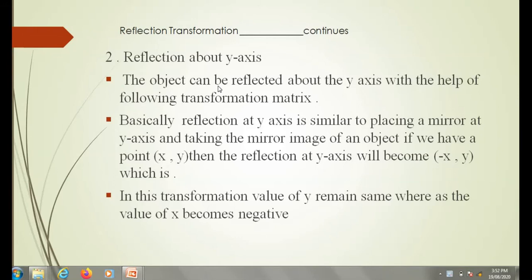The object can be reflected about the y-axis with the help of a transformation matrix. Basically, reflection at the y-axis is similar to placing a mirror at the y-axis and taking the mirror image of an object. If you have a point (x, y), then the reflection at the y-axis will become (-x, y). The value of y remains the same, but the value of the x coordinate becomes negative.